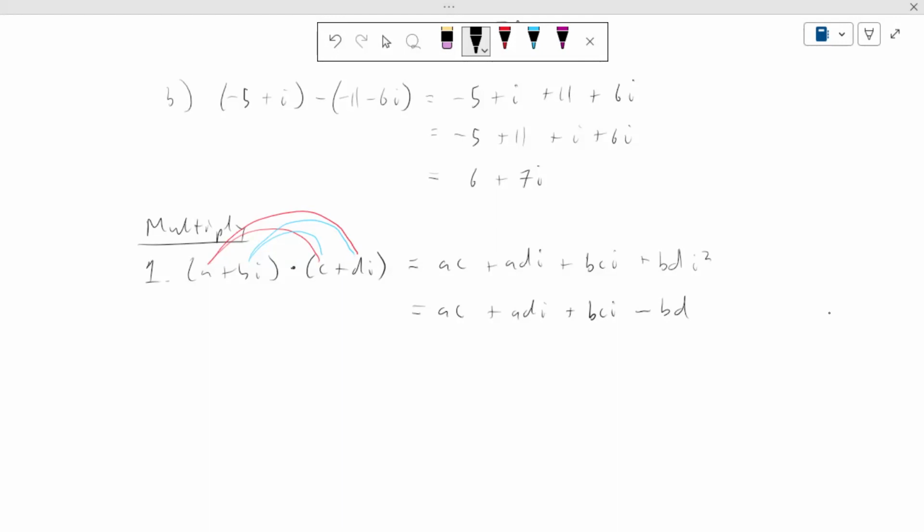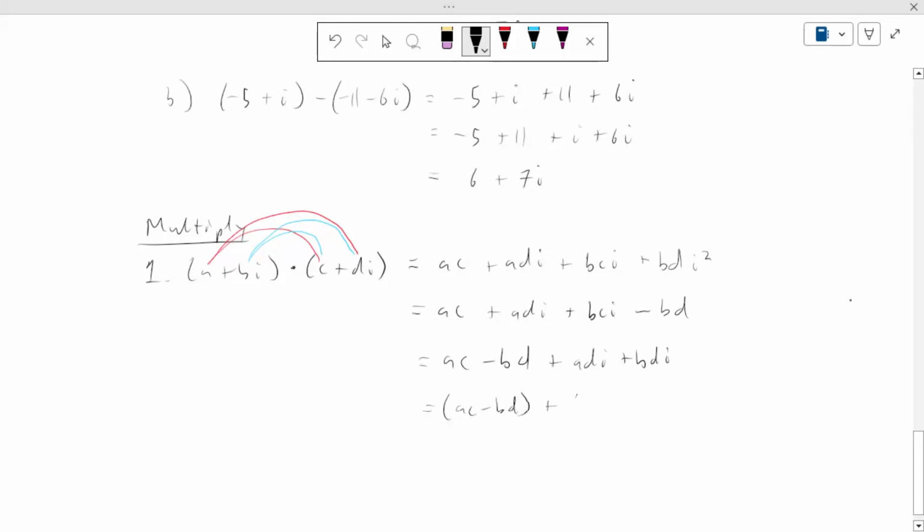In any case, now I can use commutativity to say that this is the same thing as AC minus BD plus ADI plus BDI. And now this is a real number, AC minus BD.